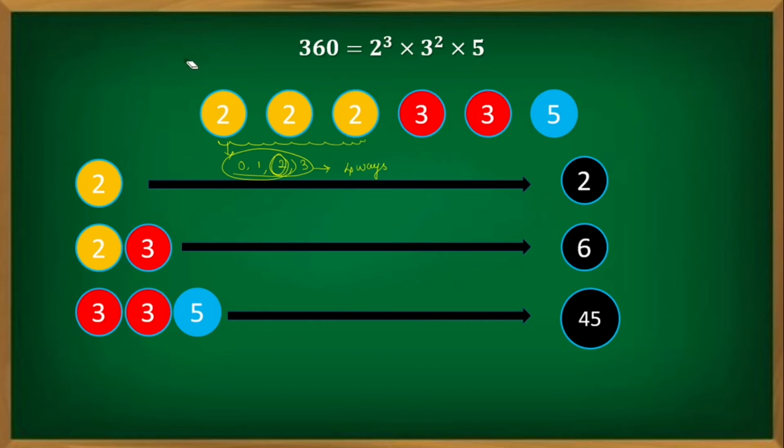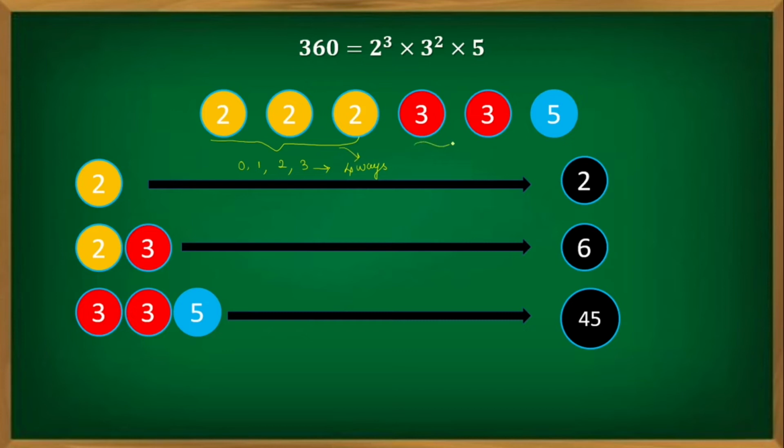They are not different selections. So selection of one ball is in one way, two balls in one way, three balls in one way. So totally we have four ways with yellow balls.